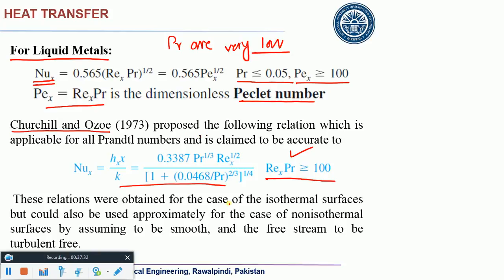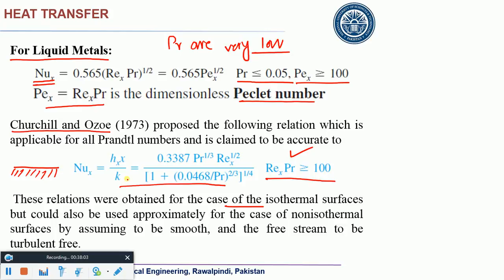Okay, so by the way, there is one more thing: how many types of thermal boundary conditions are there? There are two. You can specify temperature or you can specify flux. Now those relationships are obviously dependent on the boundary condition as well, on what kind of boundary condition you are using for the flat plate.